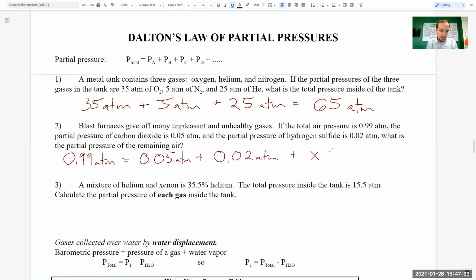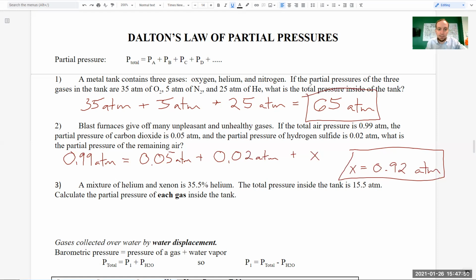So 0.99 minus 0.05 minus 0.02, and the remaining amount of pressure from the air is 0.92 atmospheres. So there we go. That one is kind of like number one, just going in the opposite direction. That gave us the total, and here we were missing one of the partial pressures, given the total pressure.